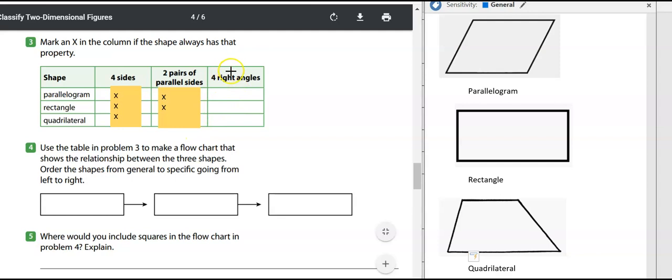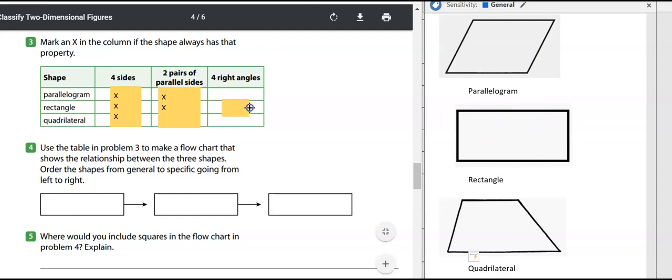Now let's look for the shapes that have 4 right angles. My parallelogram. I see an acute angle. I see an obtuse angle, an acute angle, and another obtuse angle. So I do not see 4 right angles. My rectangle. I see 1, 2, 3, 4 right angles.